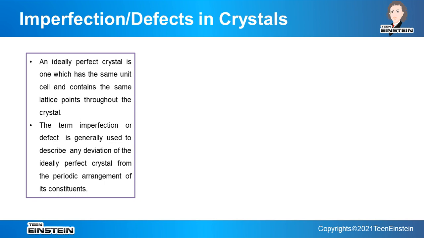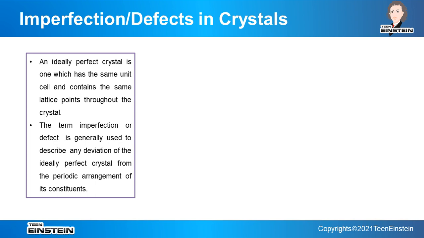But if there is deviation from this ideally perfect crystal structure, then we say there is presence of defects. So the term imperfection or defect is used when there is deviation from the periodic arrangement of its constituents, and these are very common.